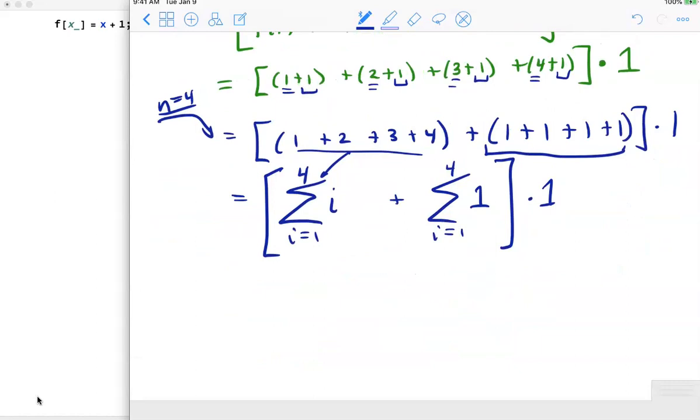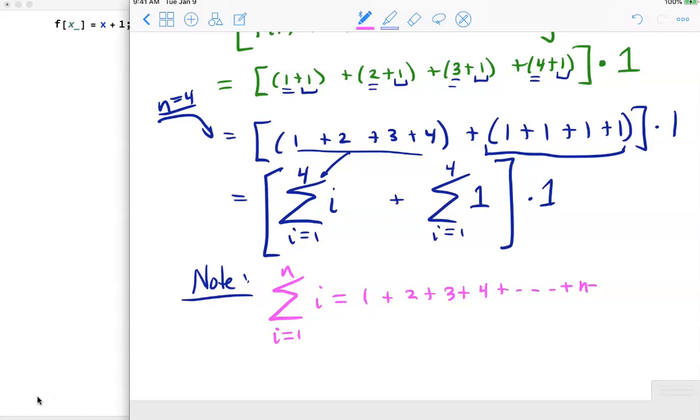But there's an interesting quantity here, the summation. You might recall that if you add up the numbers i going from 1 to n of i, that's 1 plus 2 plus 3 plus 4 plus keep going up to n minus 1, and then plus n.